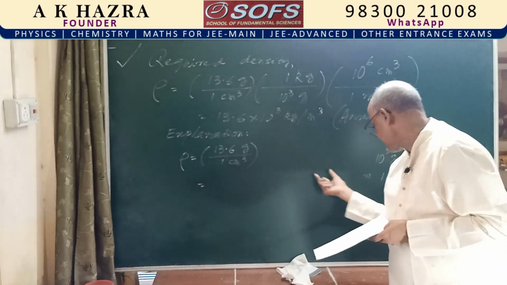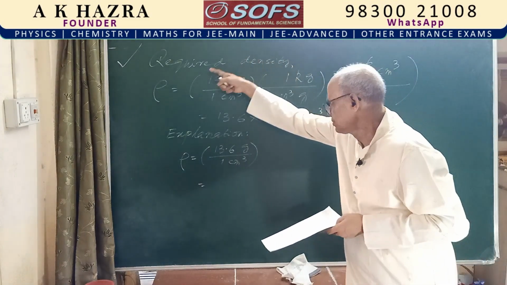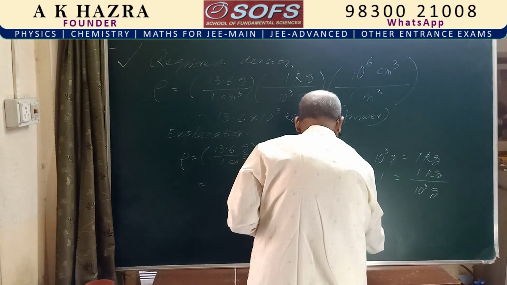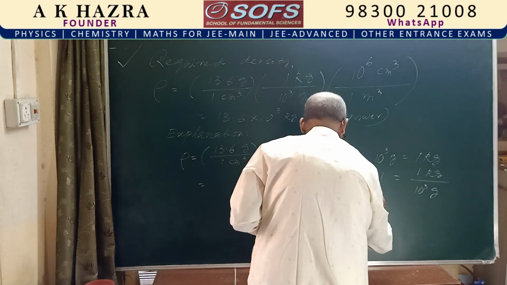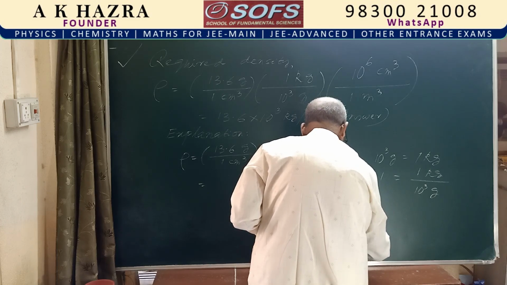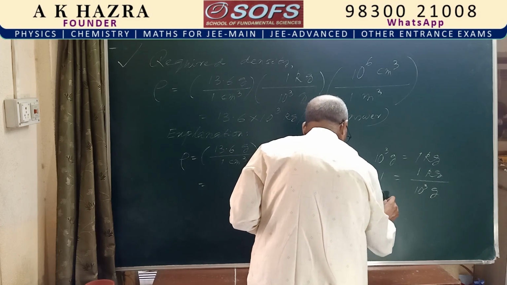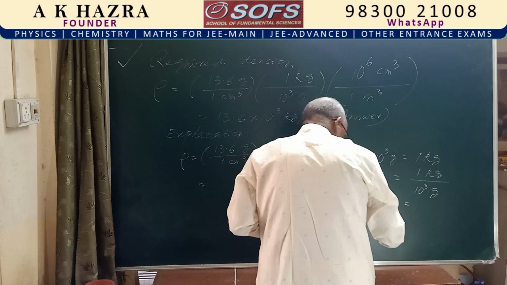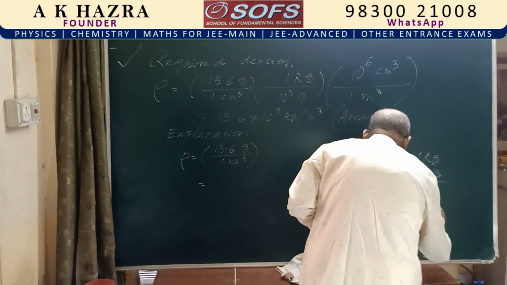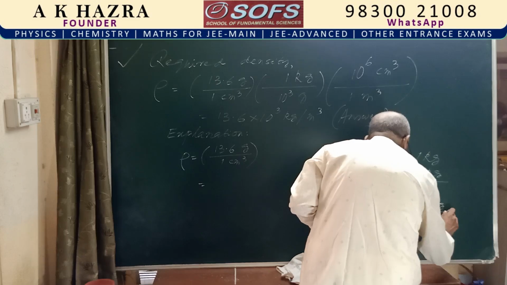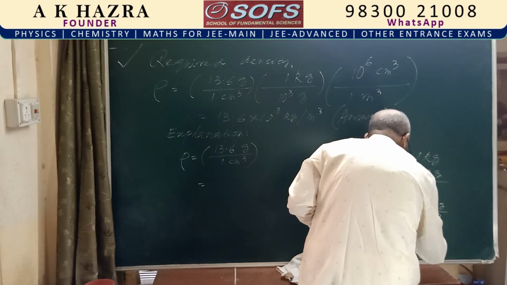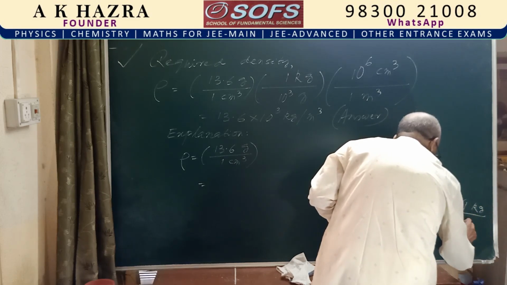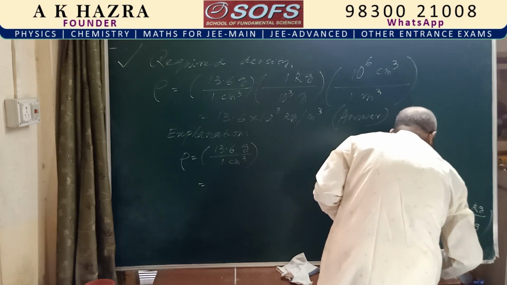Now multiply this on both sides. Then you will have this. So this implies 13.6 gram by 1 cubic centimeter into 1 multiplied. Multiplying this on both sides, you know what? 13.6 gram by 1 cubic centimeter into 1 kg by 1000 gram.